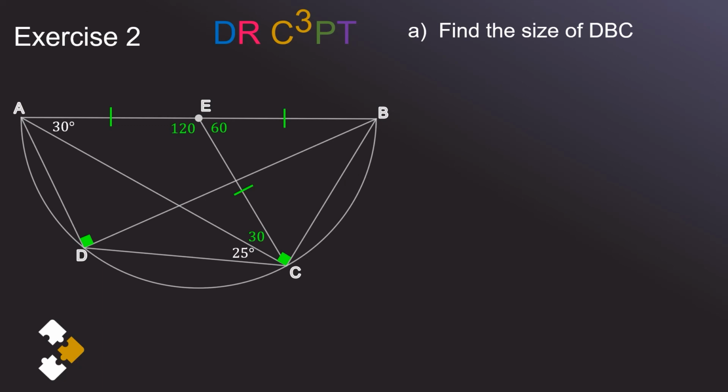And again, we have an isosceles triangle. So we know that the base angles of that triangle, EBC, have to be equal. But because that angle CEB is 60 degrees, the other two angles have to add up to 120 degrees.